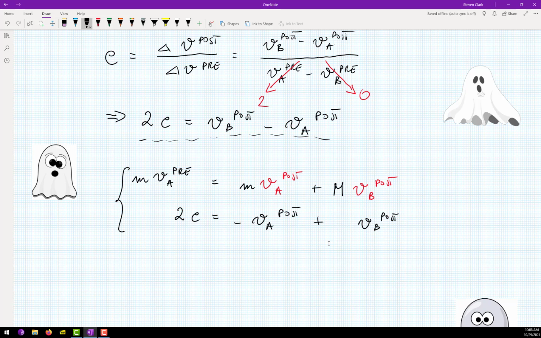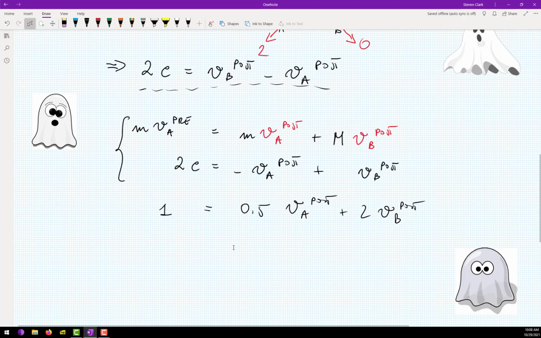So now we will have 1 equal to 0.5 VA post plus 2 VB post, and 0.8 equal to minus VA post plus VB post.